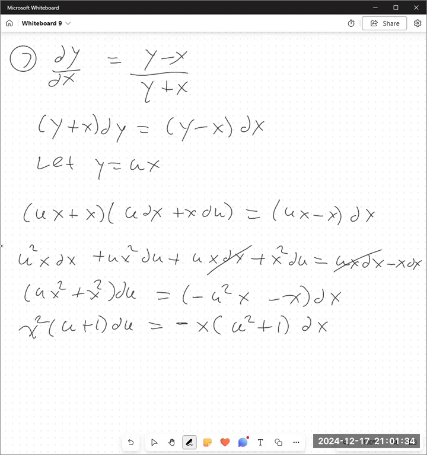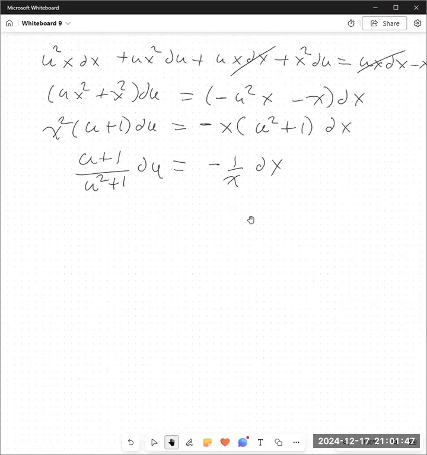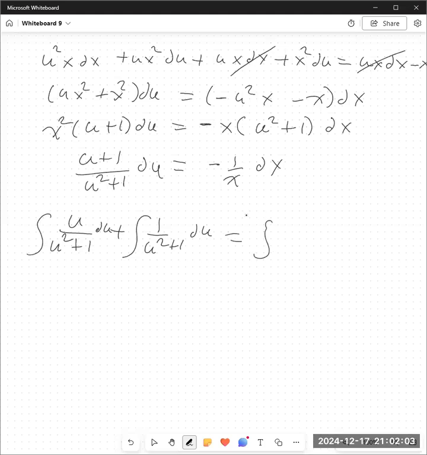So we're going to make this u plus 1 over u squared plus 1 du is equal to a negative 1 over x dx. Let's split that 1 on the left into two integrals. I see two different rules at play there. So u over u squared plus 1 and 1 over u squared plus 1 du on both of these, equal to the integral of negative 1 over x dx.